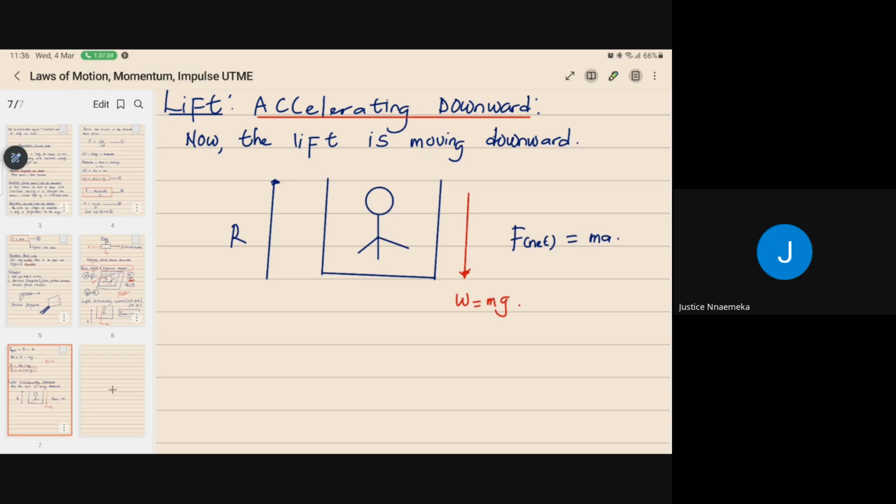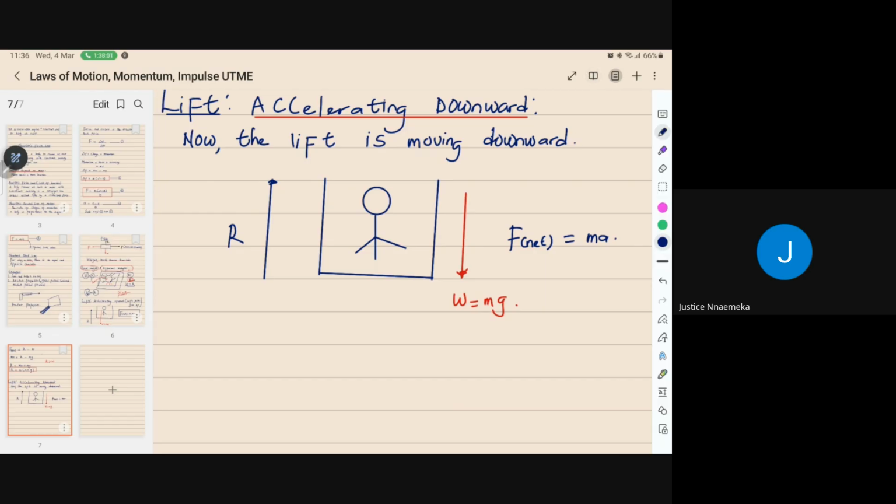Okay. MA. Don't subtract here. I just need the resultant force here. Only the resultant force. That's what I need. Don't sum it yet. Just the resultant force. Good. W minus R. Good. Resultant force is what I'm asking.